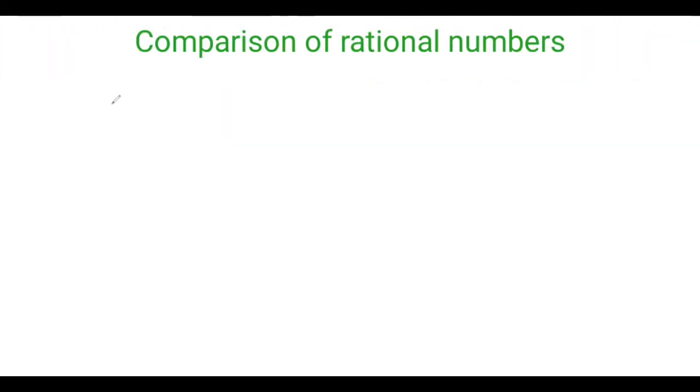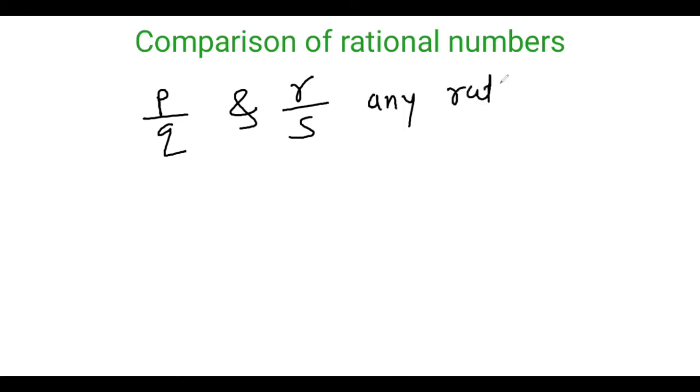Students, now we are taking a revision of rational numbers, and the concept is the comparison of two rational numbers. How to compare? Suppose the first number is P upon Q and the second number is R upon S. They are any rational numbers where Q and S are non-zero, meaning Q and S are not equal to 0. So what is the first rule?